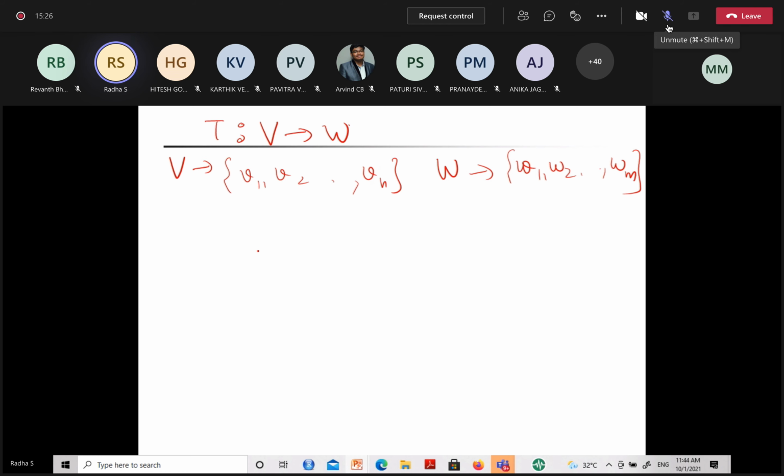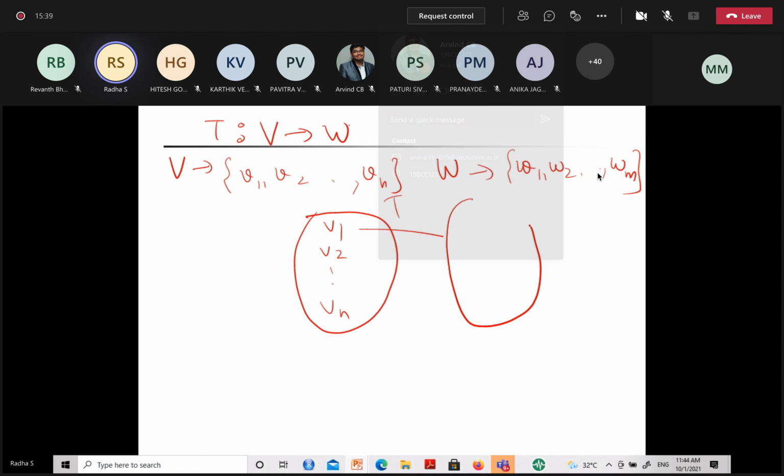So what I'm going to do now is, each and every basis element I'm going to use the linear transformation on. Where does V1 go? It goes to T of V1.